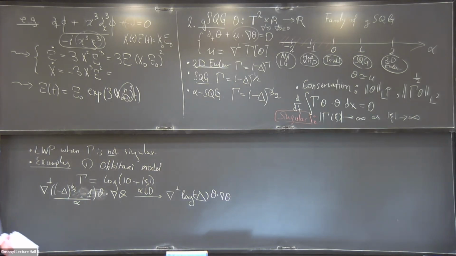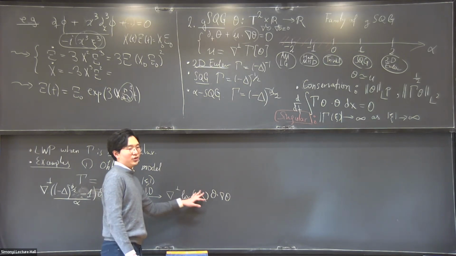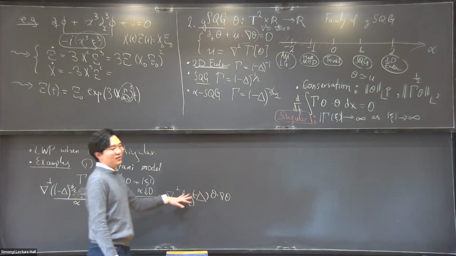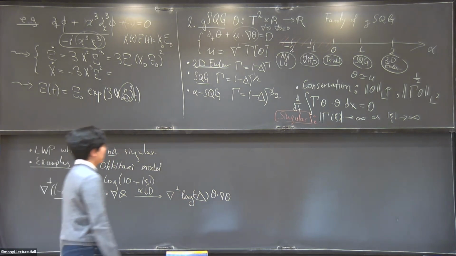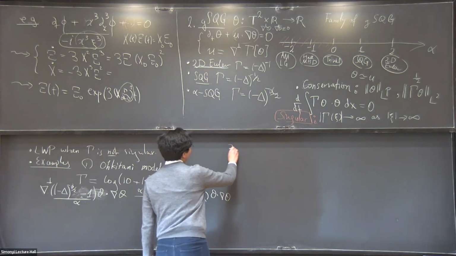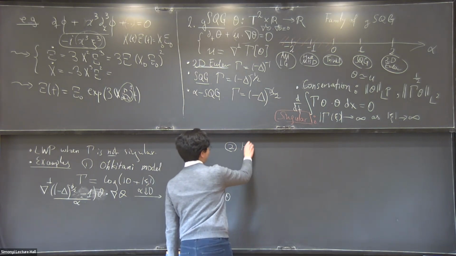So basically, this is telling you that if the Okitani model is well-posed for time 1, the alpha SQG is well-posed for time 1 over alpha, which is huge when alpha is small.